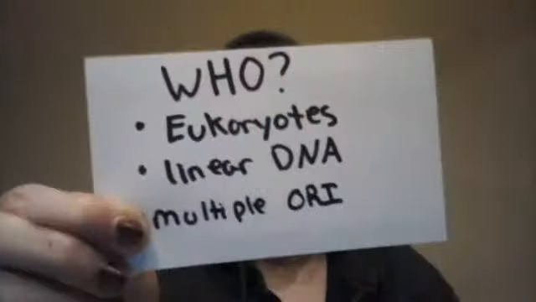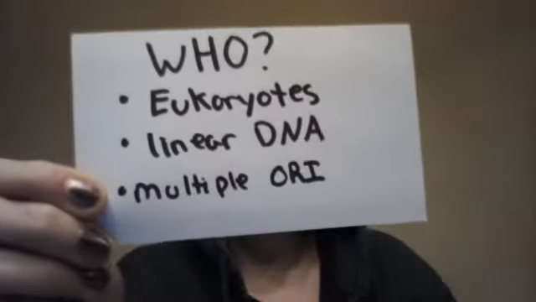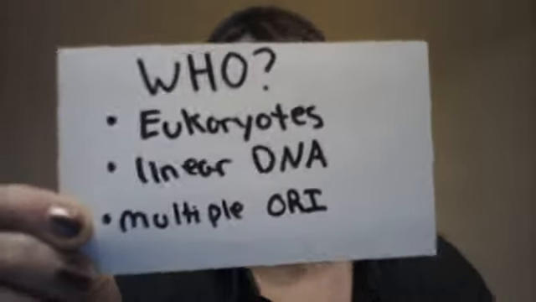Alright, so who does mitosis? Good question. Eukaryotes with linear DNA, and there are multiple origins of replication. So, if you know anything about the genetic components of a prokaryotic cell versus a eukaryotic cell, most of the time, prokaryotic cells are a lot simpler than a eukaryotic cell.